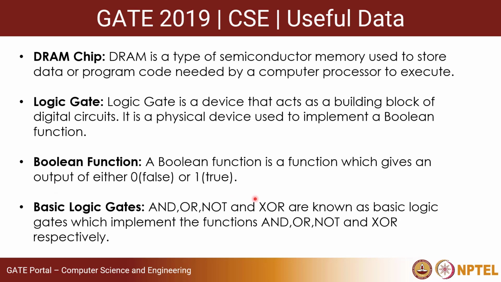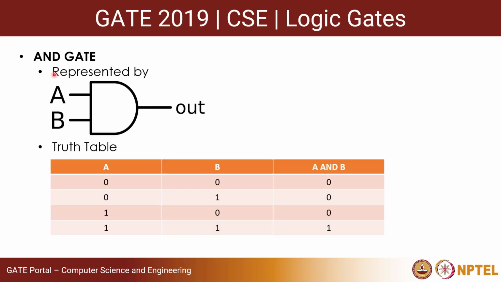AND, OR, NOT and XOR are known as basic logic gates, which implement the functions AND, OR, NOT and XOR respectively. Now let us look at each of these logic gates with a diagram. The AND gate is represented by this symbol. It shows that if both the bits are 1, the output is 1, otherwise the output is 0.